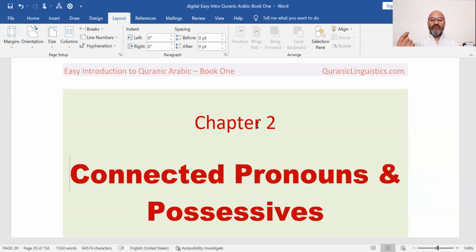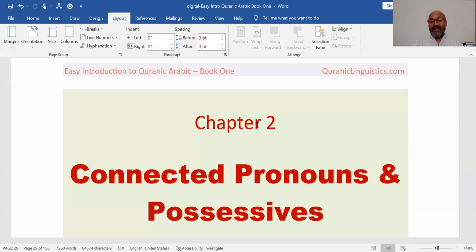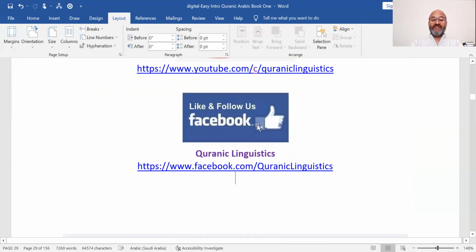They were standing alone as complete words, such as ana, nahnu, anta, anti, antuma, antum, antunna, huwa, hiya, huma, hum, hunna. All of these pronouns that I just mentioned and we learned in chapter 1 are disconnected. But today, in this lesson, we will look at connected pronouns and possessives.